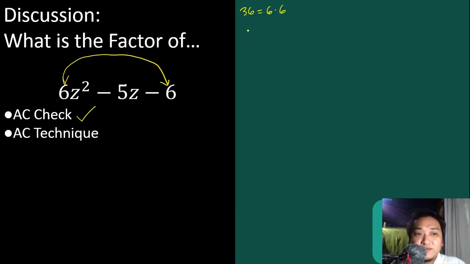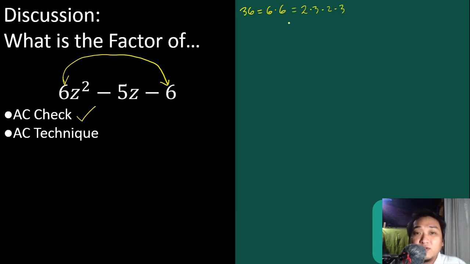Now, part ng AC check, we are going to determine all the factors of 36. So, meron na tayong dalawa, 6 times 6, that is also equivalent to the prime factors 2 times 3 times 2 times 3.